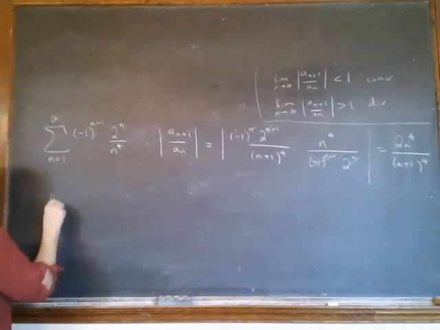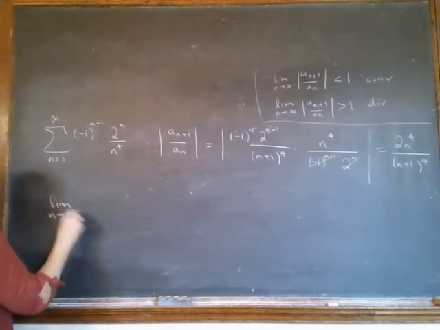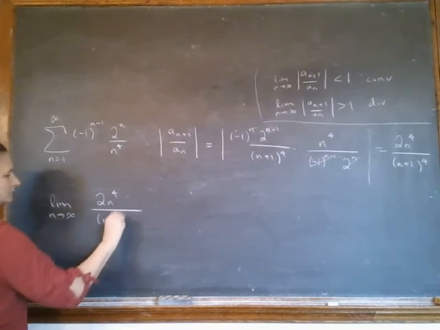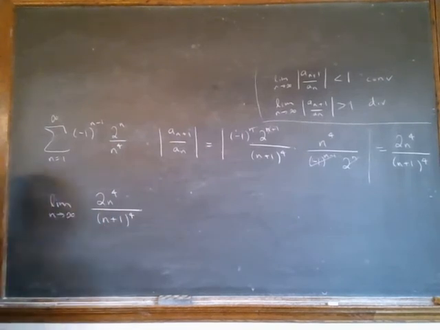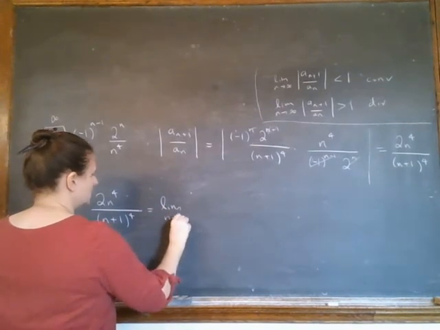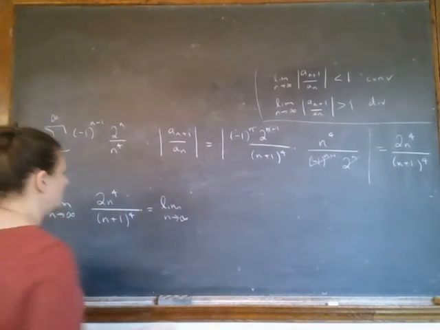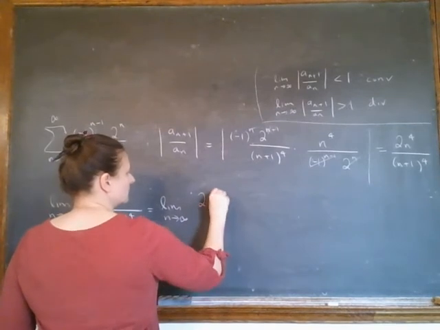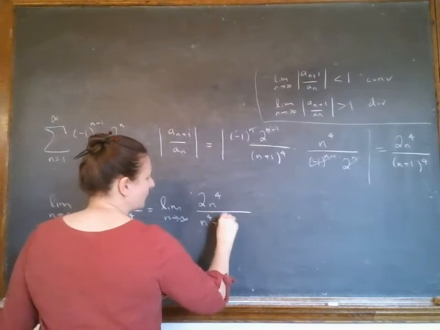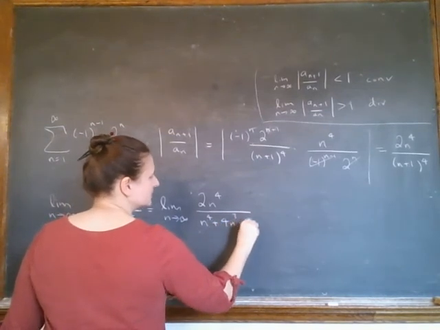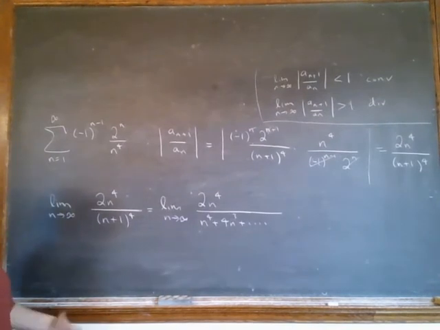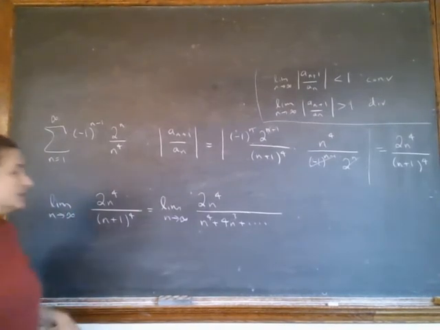So maybe this limit we can be a little sloppy, or you could do a couple ways, right? You could put this all together under the 4. It might just be easier to write out what (n plus 1) to the 4th is, but you don't really need to know, right? It's n to the 4th plus 4n cubed, 6, 4, whatever. I'm going to write plus dot, dot, dot. Because I don't care what those terms are. I'm taking n to infinity.